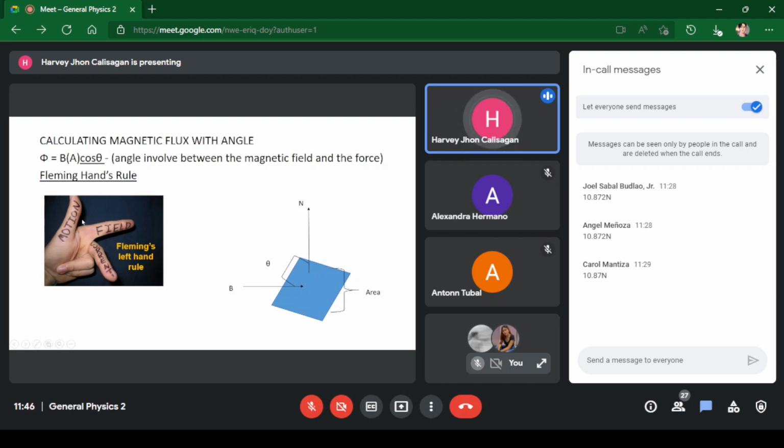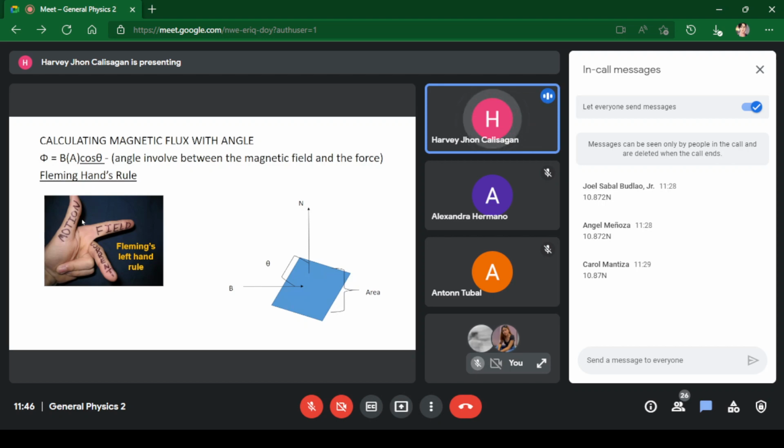So we apply Fleming's left hand rule. So its direction is reversed. So the field is up, the motion is to the left, and then the current is toward you. Okay? It's facing you, for example, or facing outside.